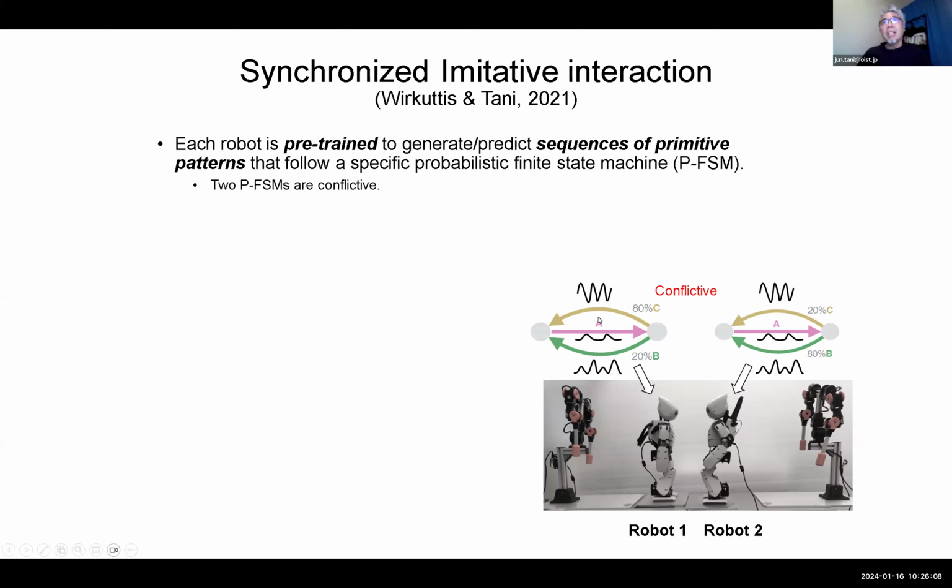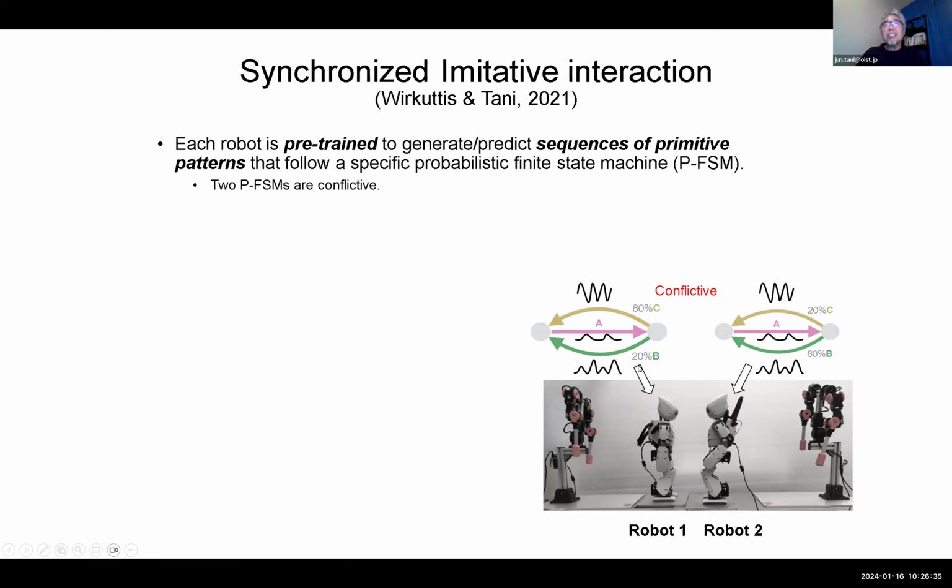The other robot, robot two, learns to generate pattern A and then 20% C and 80% B. This part is conflictive. Conflictive means that after learning, when these two robots have to imitate each other synchronously, doing A is fine.